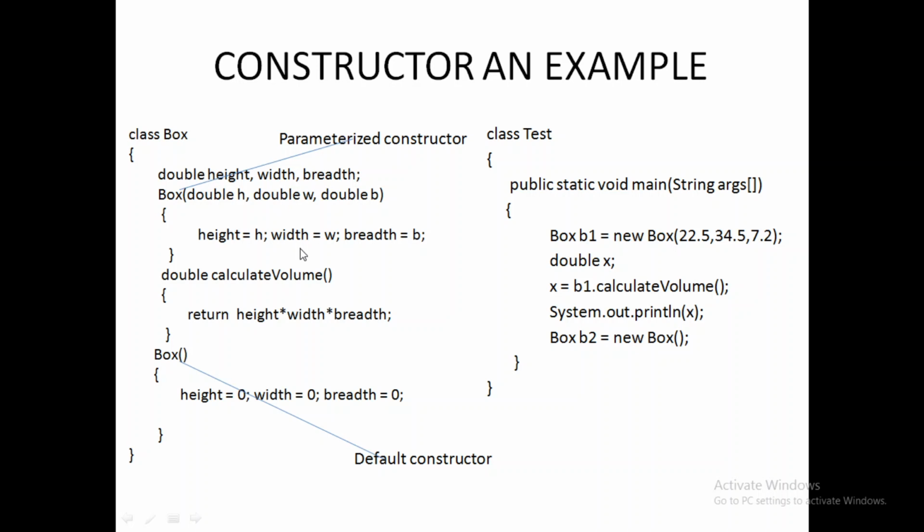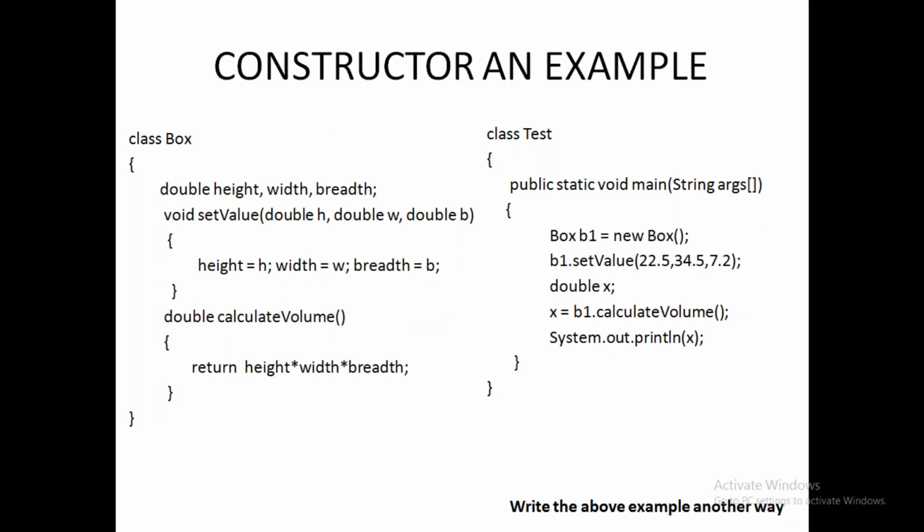The interesting thing is that the object was created here in this example where set value was there, and the constructor is also used during the creation of the object here, but there is no definition of the constructor available in the Box class.